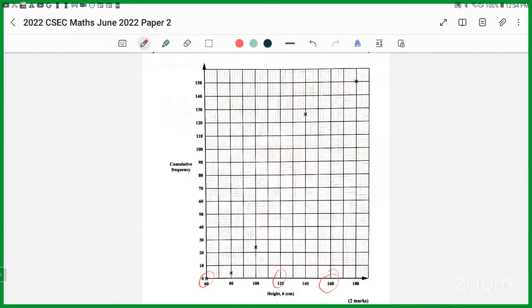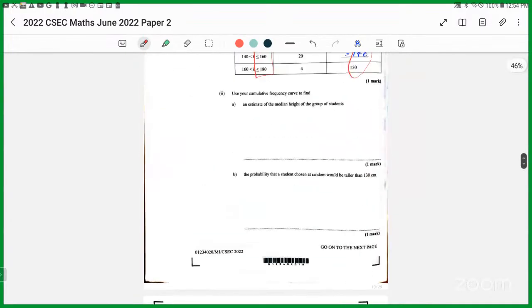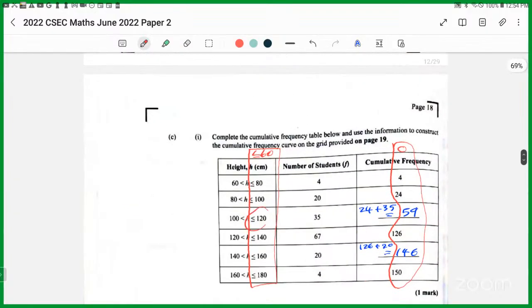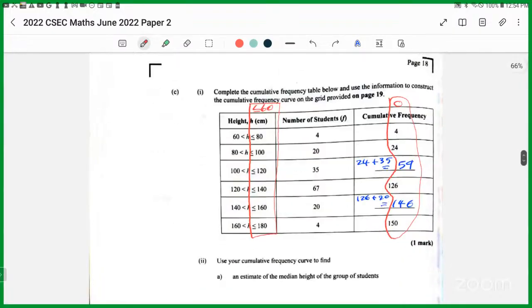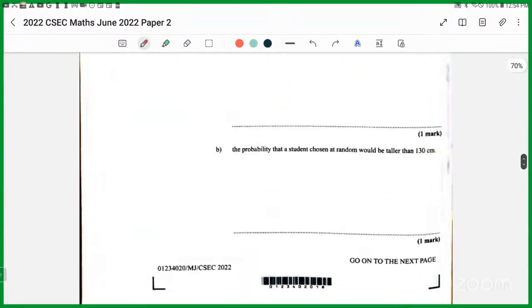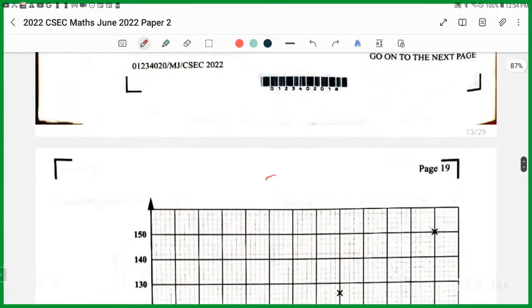All right. 120 is what? The two that we did not have on the table, 59. So these two that were added are missing. So if I put them on, all right, so 59 and 146. So we need to put on 59 and 146.